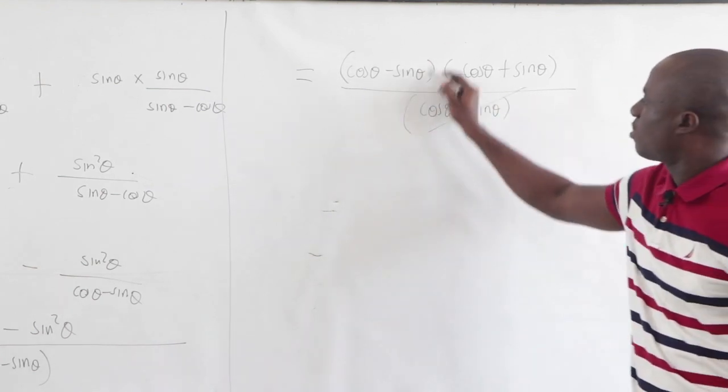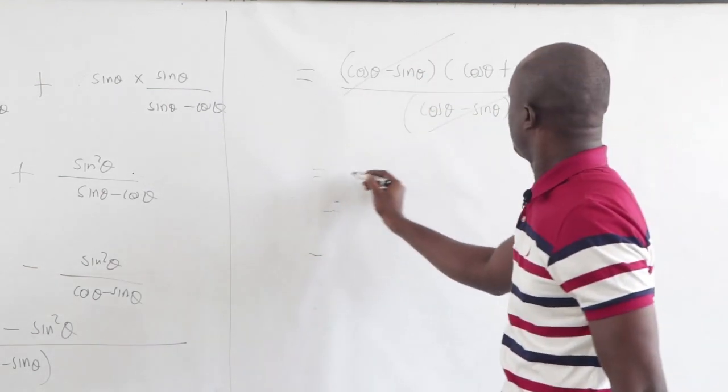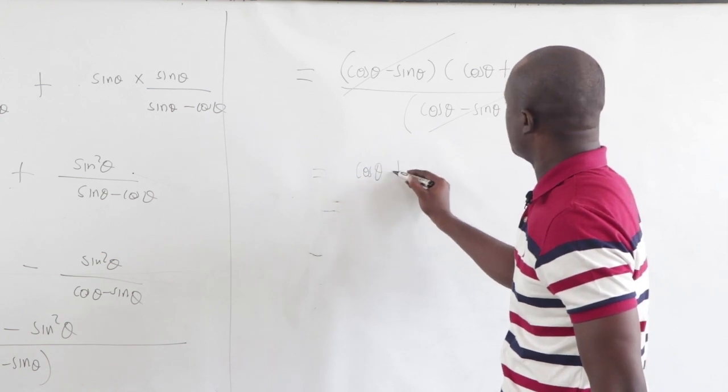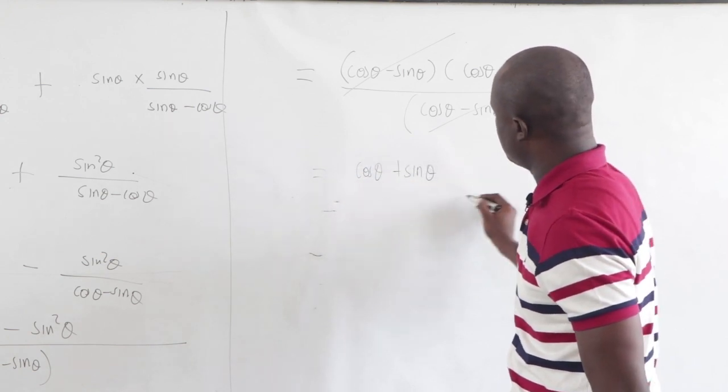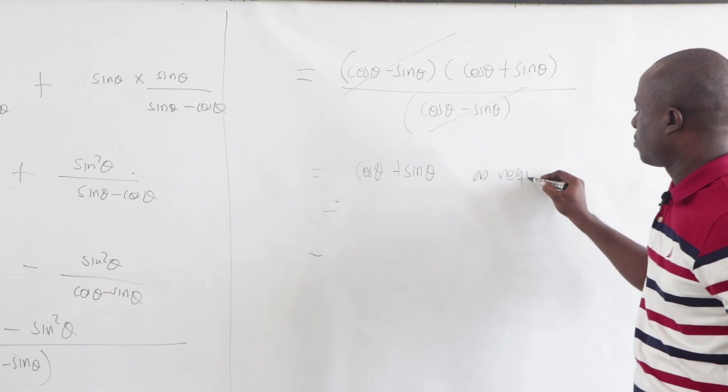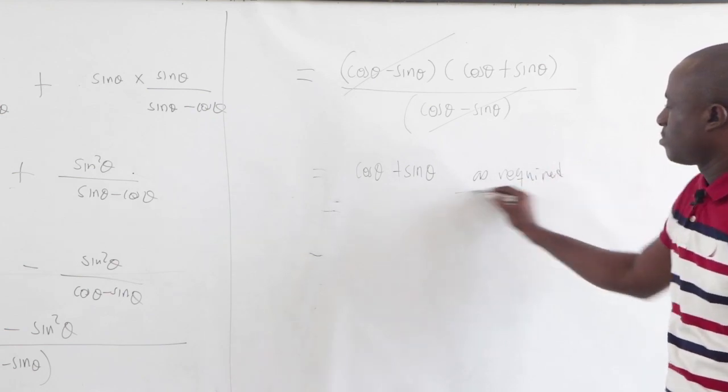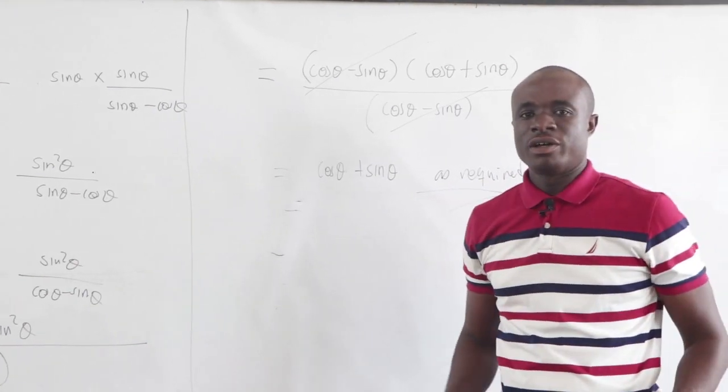Now cos theta will cancel what? Cos theta. So what do you have? Cos theta plus sine theta as required. And that is very trivial.